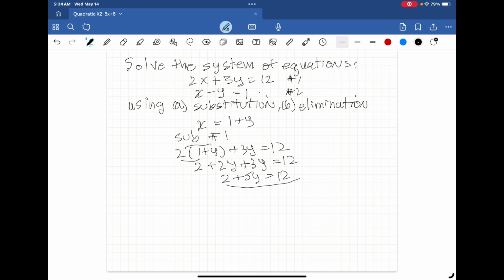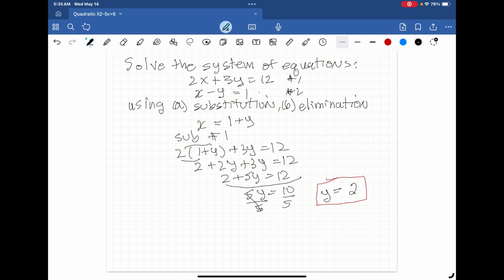Subtracting 2 from both sides, 5y is equal to 12 minus 2, which is 10. Divide both sides by 5. So y now, the 5's go away right here, and this becomes 2. So there is our first answer. y is equal to 2.